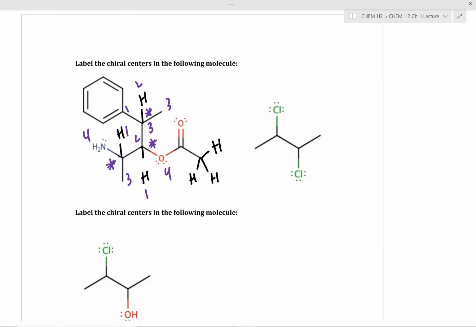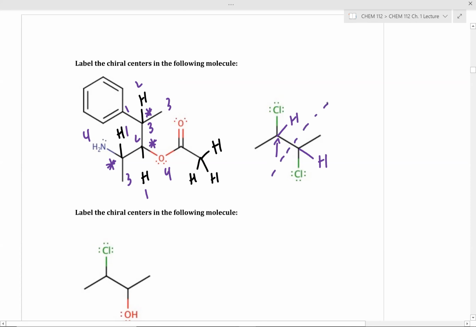Looking at the next example, this example is slightly ambiguous in that we need to know the stereochemistry, but if we draw out our implied hydrogens, we see that this center does indeed have 4 different substituents.